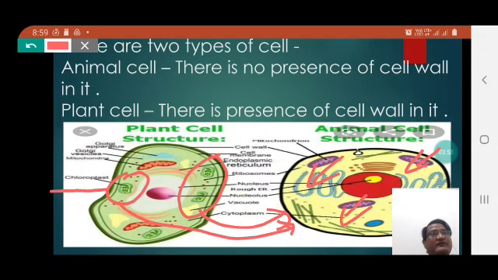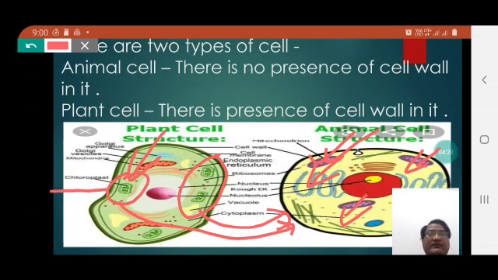Now students, the reason for the absence of chloroplast in the animal cell is that animal cell does not perform the process of photosynthesis, and as we know that it is the chloroplast where the process of photosynthesis takes place.